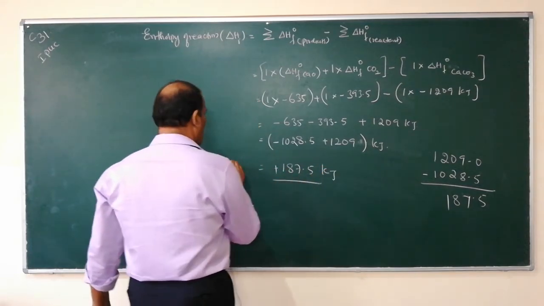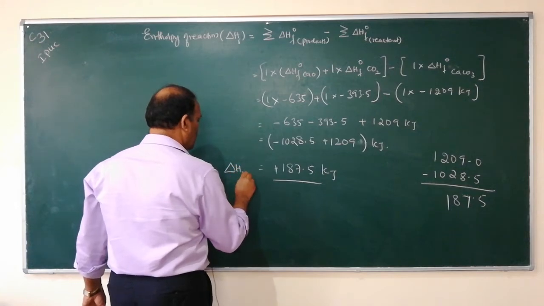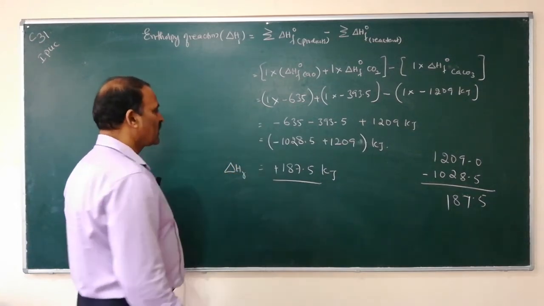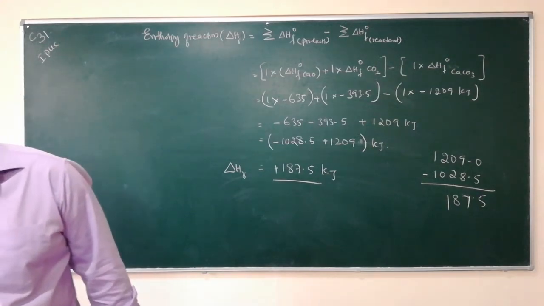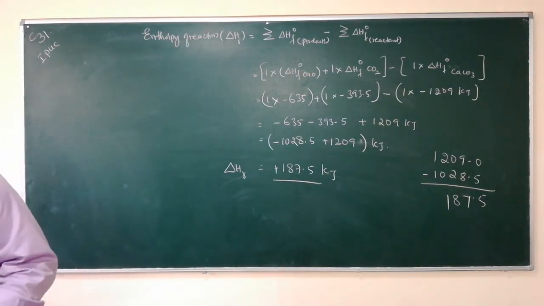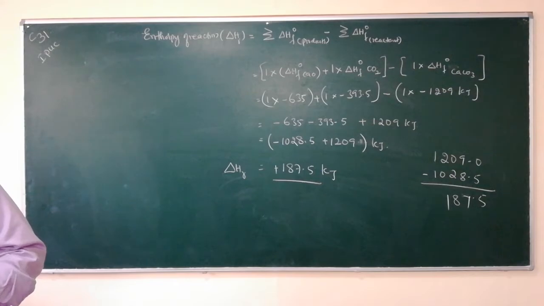So delta HR, the enthalpy of this reaction, equals plus 180.5 kilojoules.